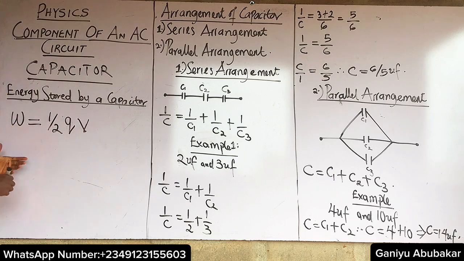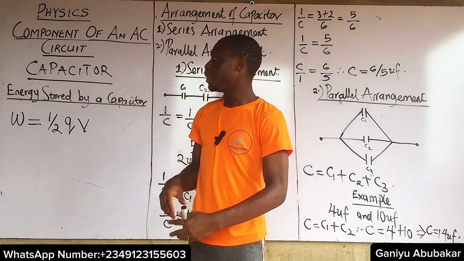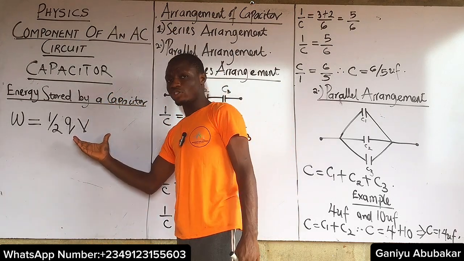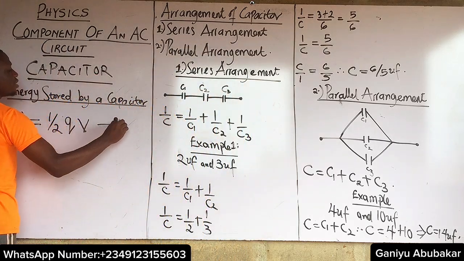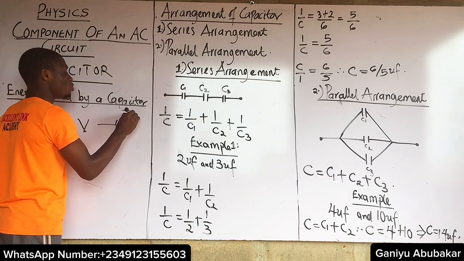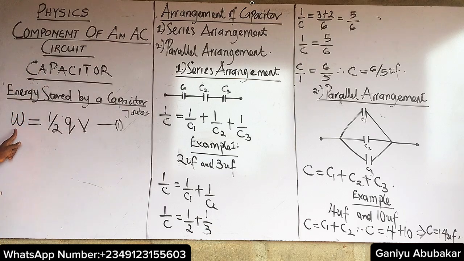So this becomes the mathematical expression for calculating the work done by a capacitor, or perhaps the energy stored by a capacitor, as you can see. So this becomes the first formula for calculating work done under capacitor. So note that the unit is measured in joules because it's work done, right?